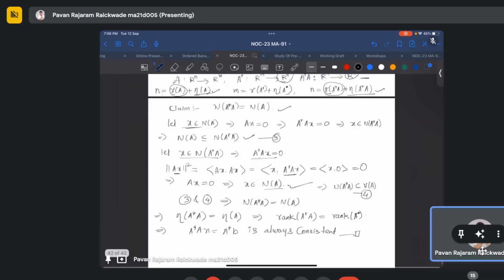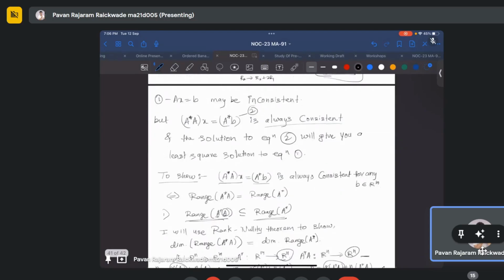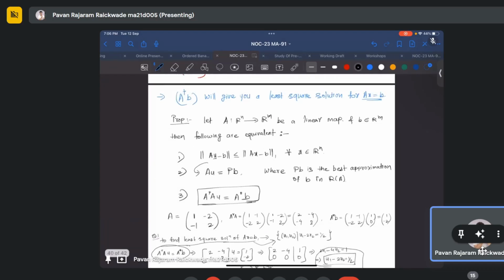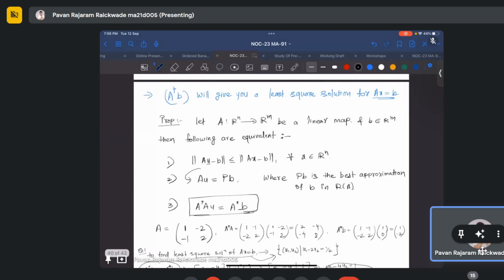Okay, so the overall theory is, everything revolves around solving the system Ax equals B. If B is not in the range of A, we want to find a least square solution for the system Ax equals B. Then finding a least square solution to the system Ax equals B is equivalent to finding any solution to these three equations.